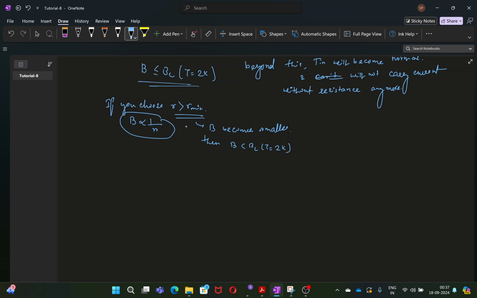So basically, I made a wrong statement. If you choose your R to be greater than this R minimum value, then since B is inversely proportional to R, the field produced by the current of 200 ampere becomes smaller. And if the field is smaller, then it will be less than the critical field value of the material, and that is why it will be able to carry current with zero resistance.